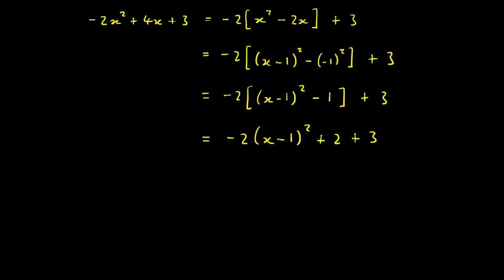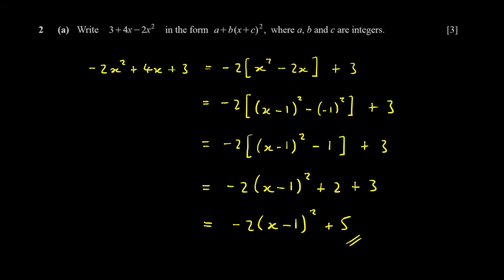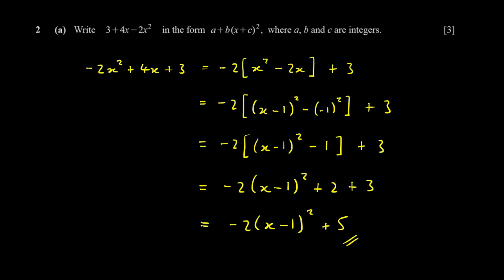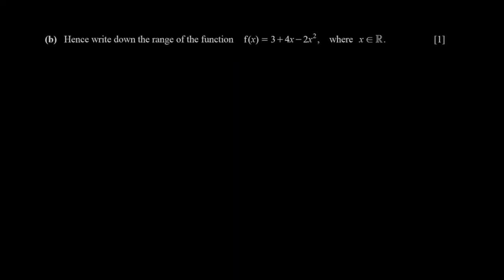And so this thing is going to become -2 bracket x minus 1 all squared plus 5. And that essentially is my answer. So the constant a is 5, b is -2, and c is -1. Okay? All right, then.